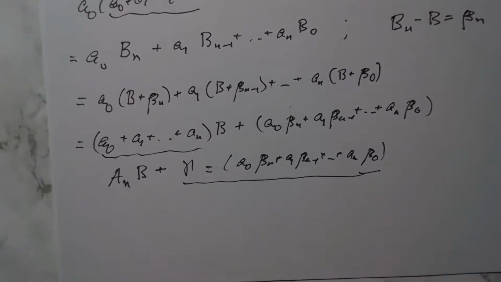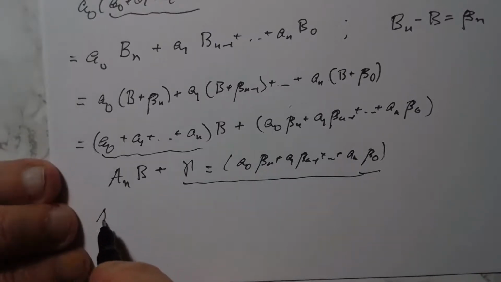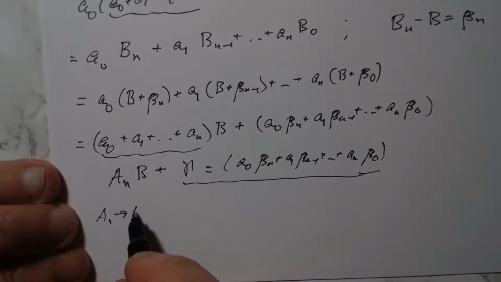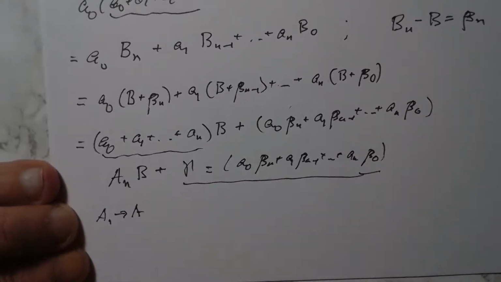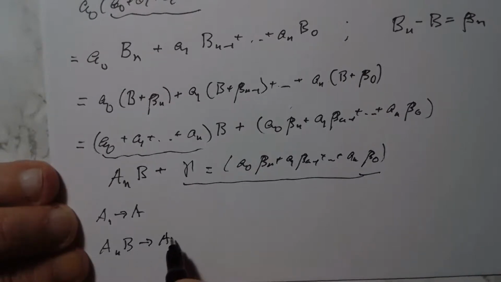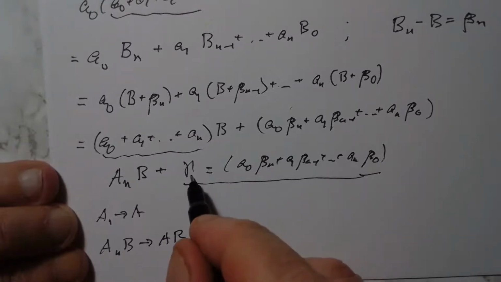You just have to write it down yourself and see that all I'm doing is a little bit of distributive law. So I know that A_n converges to A, because the series A converges, which means that A_n B converges to AB.